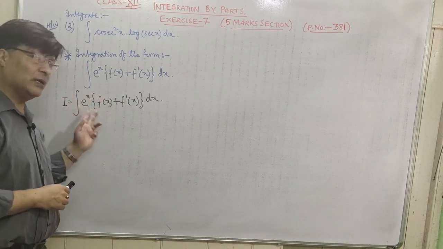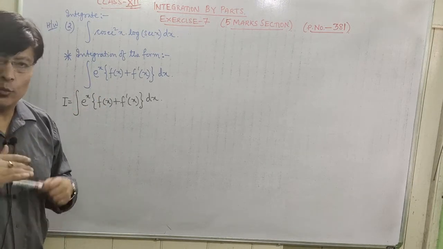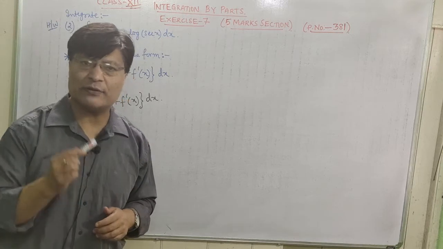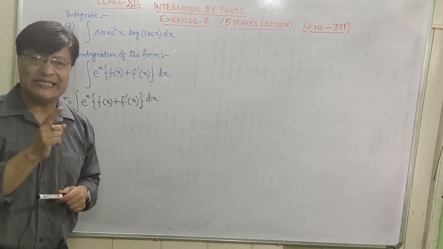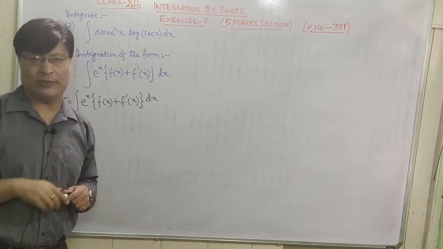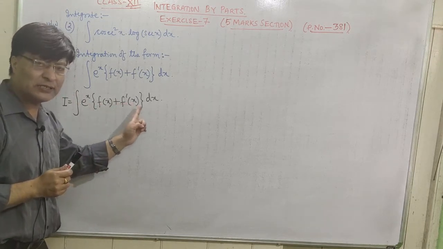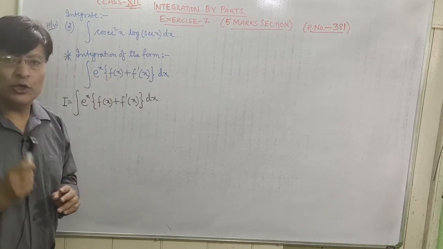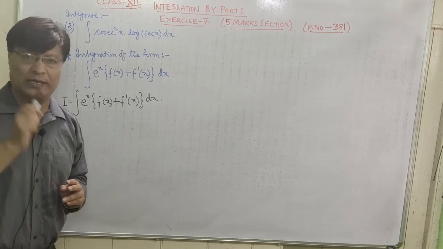So this is the sum of the two integrations. And now since we know that differentiation of the first function is the second function, you have to use integration by parts for the first function only, because differentiation of the first function is the second function. That's why you have to use integration by parts for the first function only.